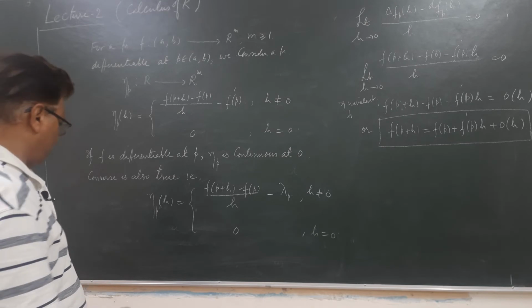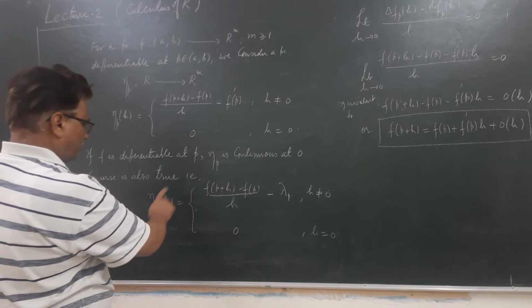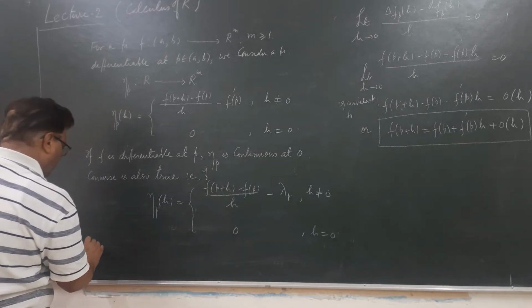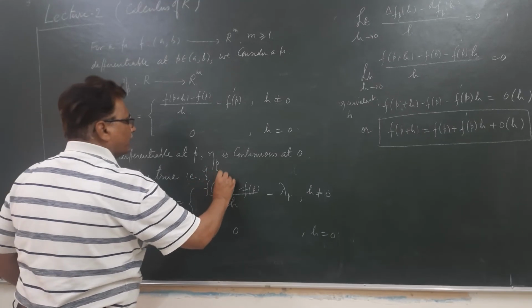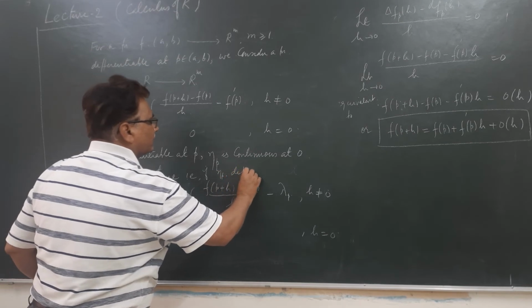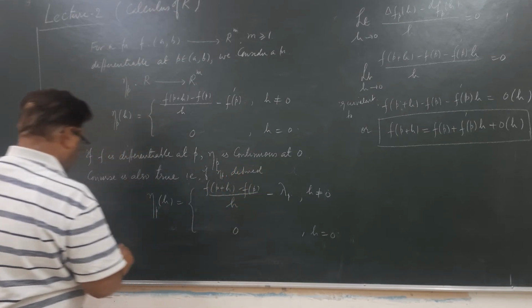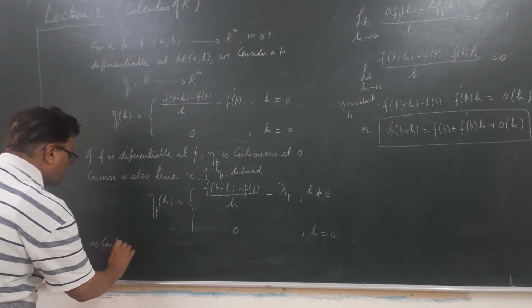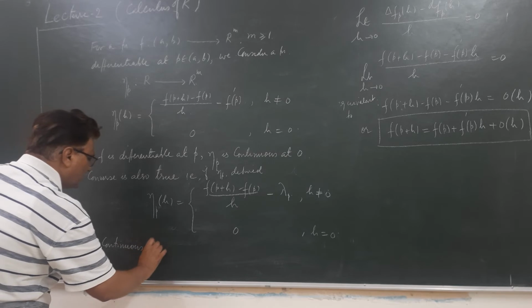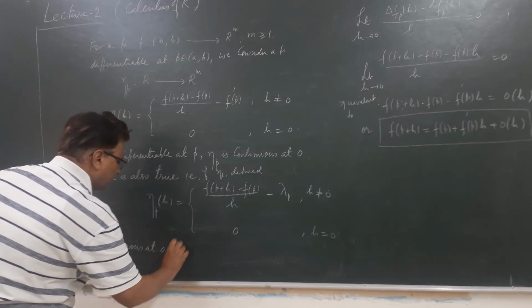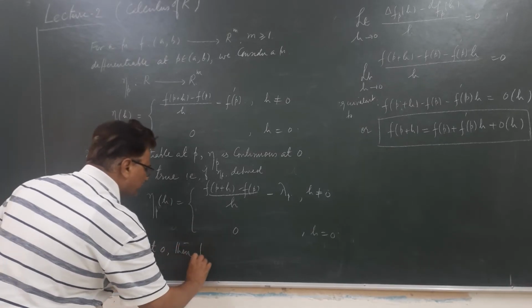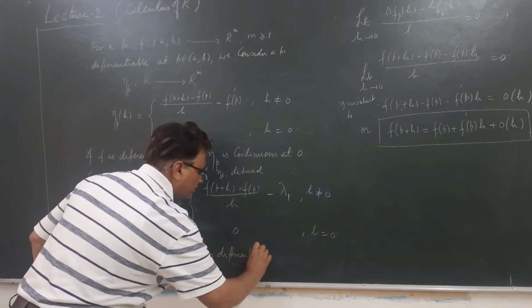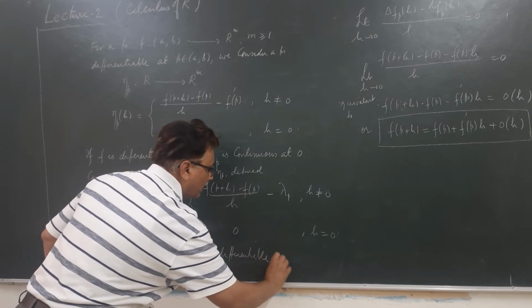So the converse is that if eta p defined like this is continuous at 0, then f is differentiable at p.